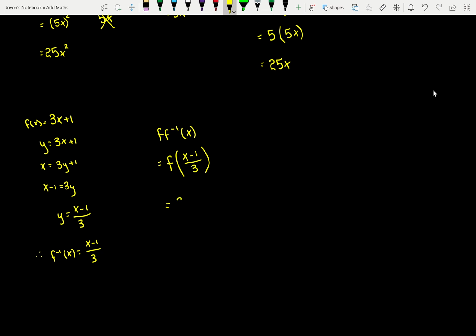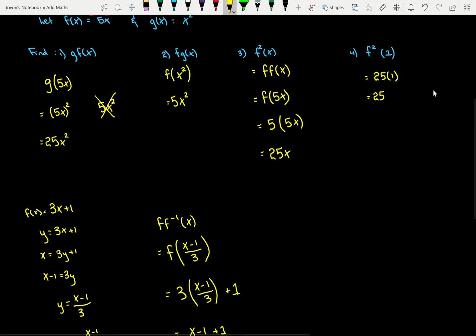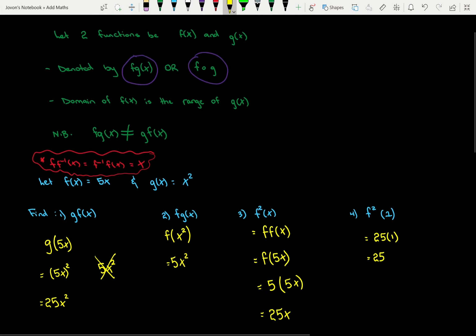So we're going to get 3 multiplied by x minus 1 over 3, plus 1, which is equal to x minus 1 plus 1, which is equal to x. So notice here now, whenever you find f of f inverse of x, or f inverse of f of x, we will always get back x. And that's pretty much it for functions.